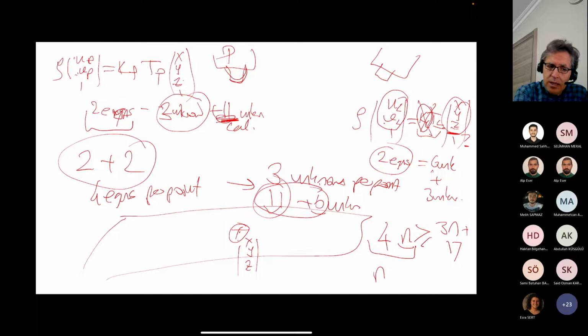Then you can easily see that if I have 17 points or more of such thing, I can calibrate this system.